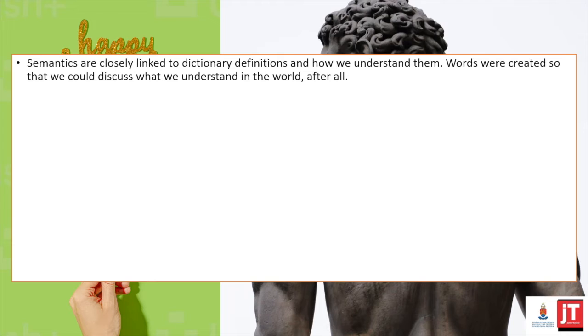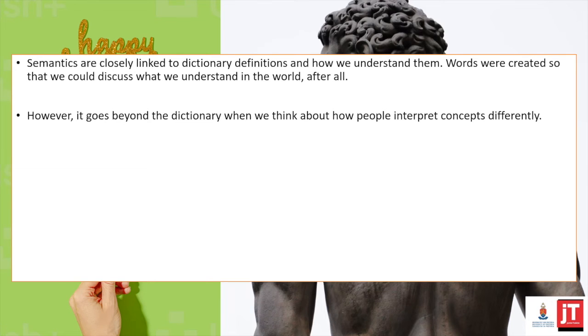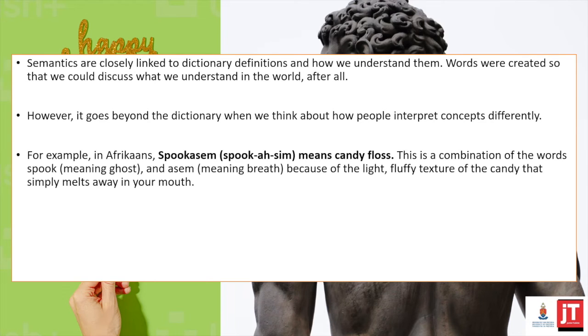So words were created so that we could discuss what we understand in the world. Okay, some deep stuff. I bet you haven't thought about this before. Okay, so, however, semantics actually goes beyond the dictionary, because in the real world, people think and people interpret concepts differently. I hope I don't get in trouble for this, but I'm going to mention cougars.